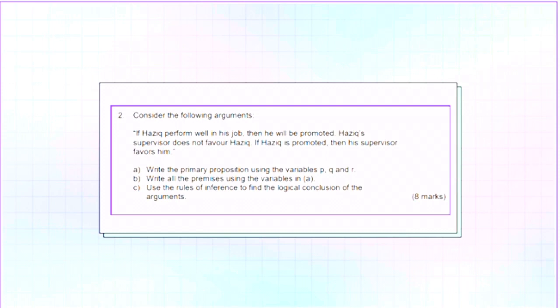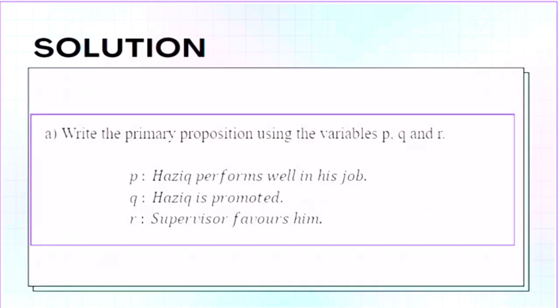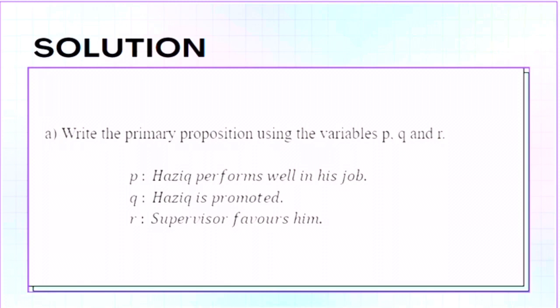So we can put R as supervisor favors him. Why don't we put supervisor does not favor Haziq? Because for primary propositions, we must put all the statements in a positive way. So the answer should be like this: P is Haziq performed well in his job, Q is Haziq is promoted, and R is supervisor favors him. So that is the solution for A.